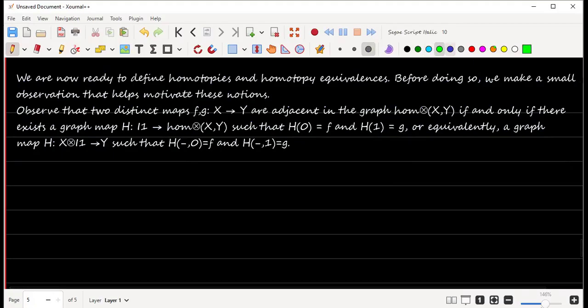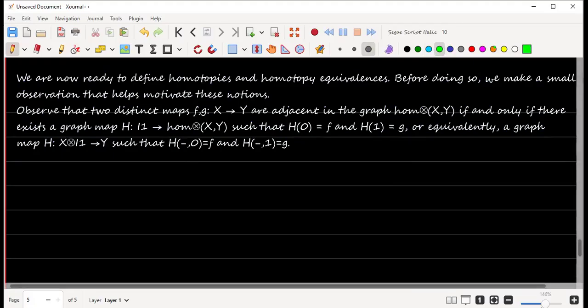So we are doing this. चलो, we are now ready to define the homotopies and homotopy equivalences. Before going, we make a small observation that helps motivate these notions.